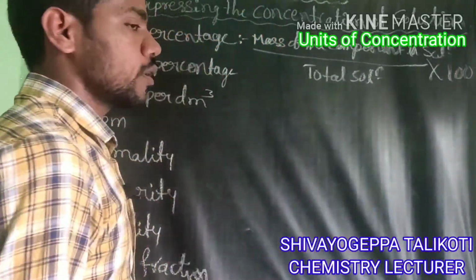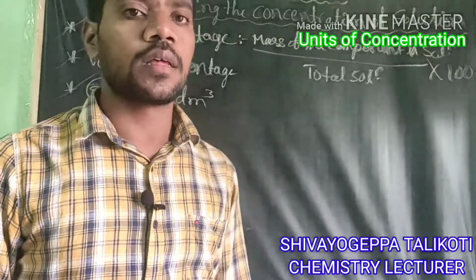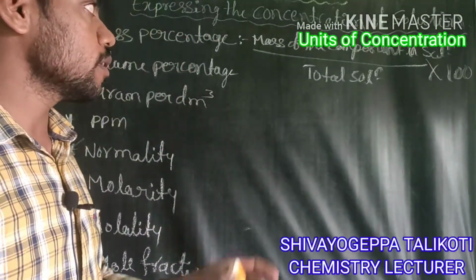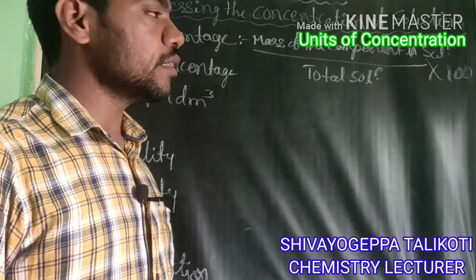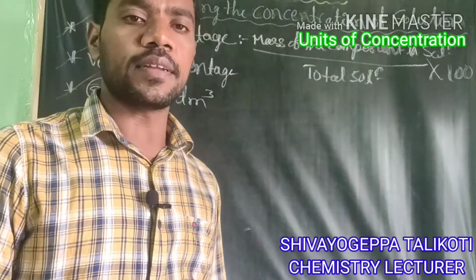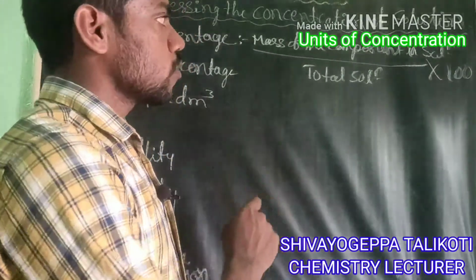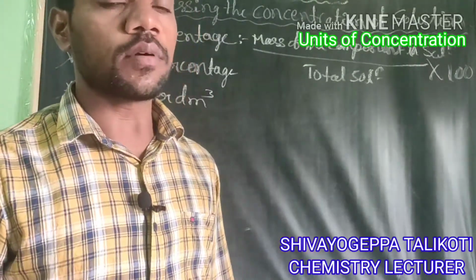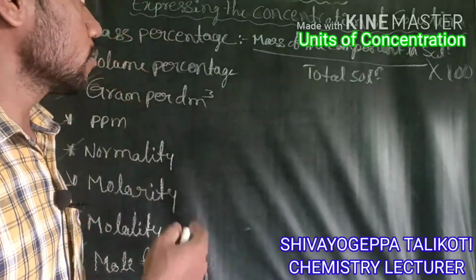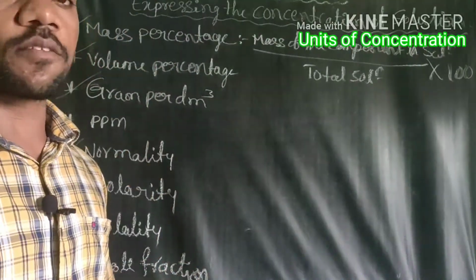You see here how to express this mass percentage. Mass percentage is expressed as mass of the component in the solution divided by total solution into 100. This is how we are defining the mass percentage.